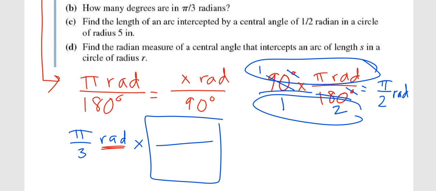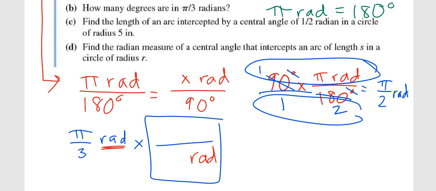See, we have radians in the numerator here. So what do we want in the denominator in the fraction? Don't we want radians down here? I mean, the whole goal is to get rid of the radians and to change it to degrees. So, since we know that pi radians is the equivalent of 180 degrees, what would that fraction in the blue box look like?